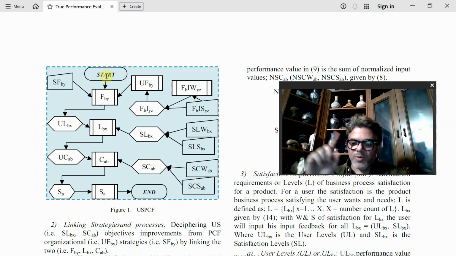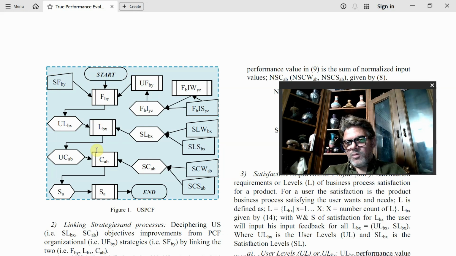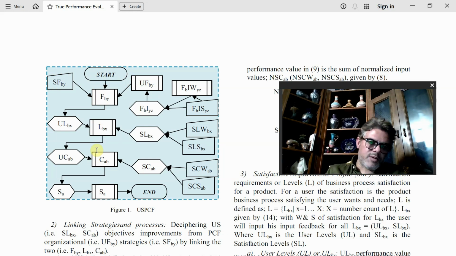Satisfaction performance evaluation starts from here, because if the SF and the UF, one of them is 0, then the whole process will not be available.